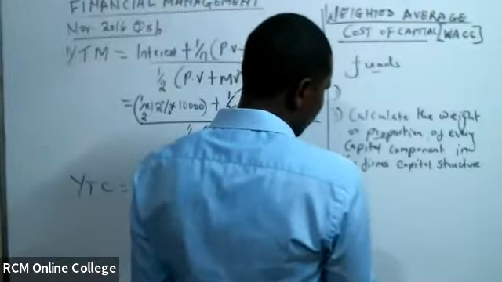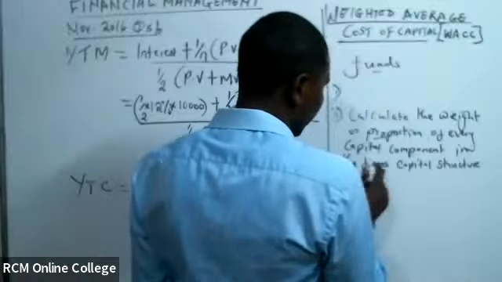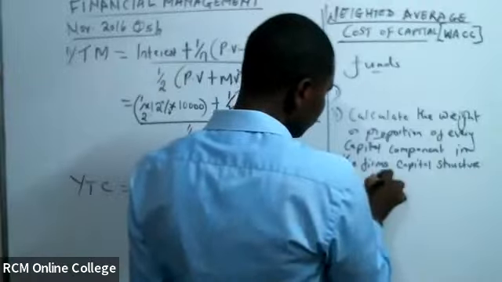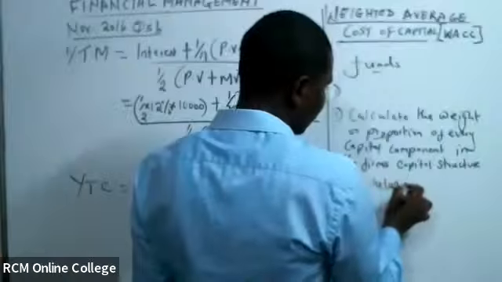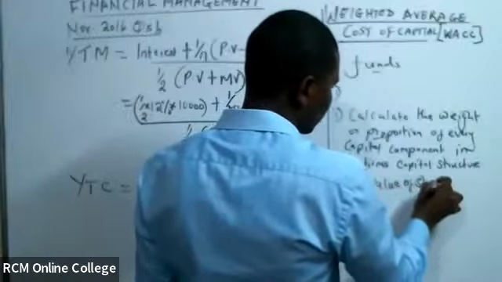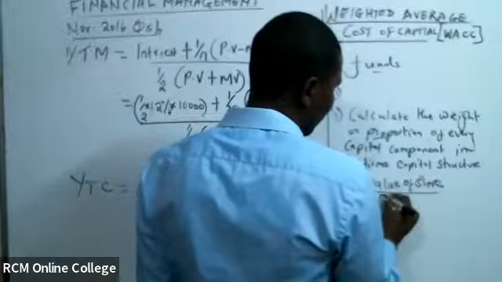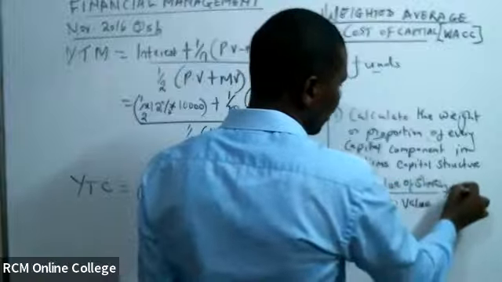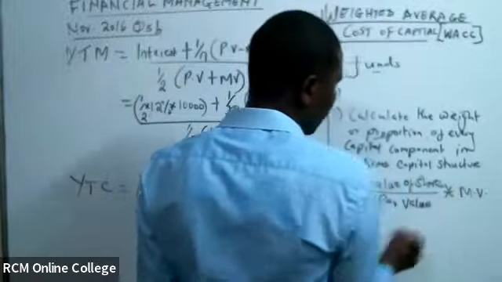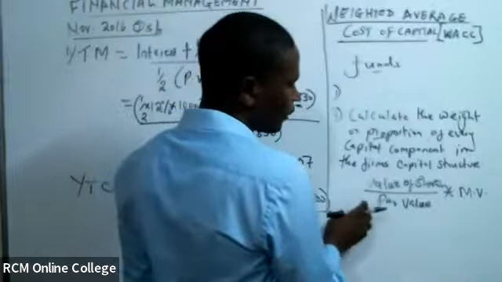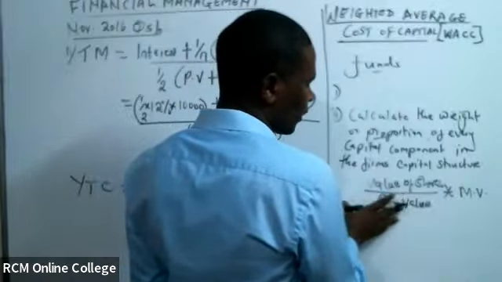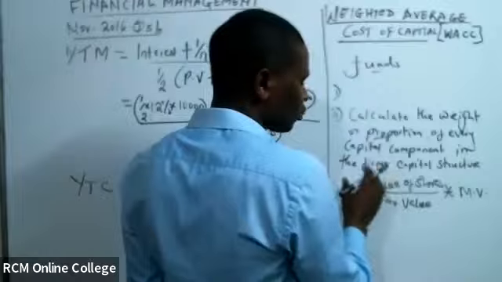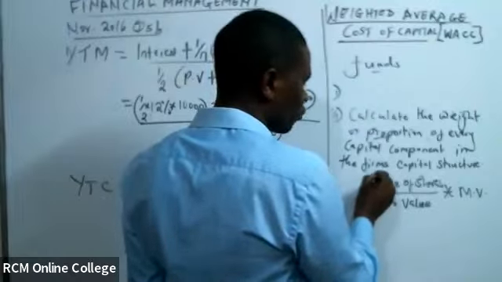So if you want to get the weight or proportion, we shall be having the value of shares divided by the par value, times the market value. You see, this formula will help you to get the total value of that component or that source.